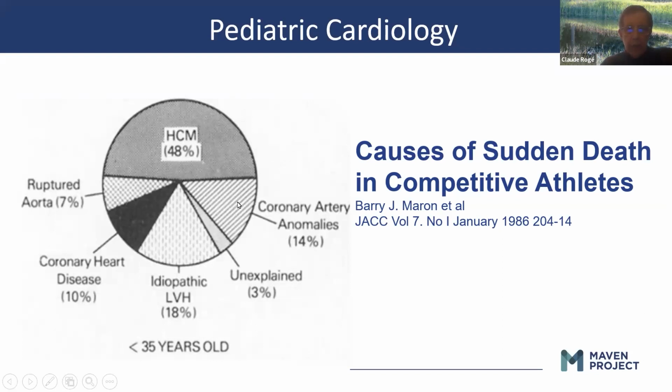The next one is going to be coronary artery anomalies, okay? And this was in people less than 35 years of age, so there are a sizable number of coronary artery heart disease, but mainly if you just deal with children, it would be coronary artery anomalies.